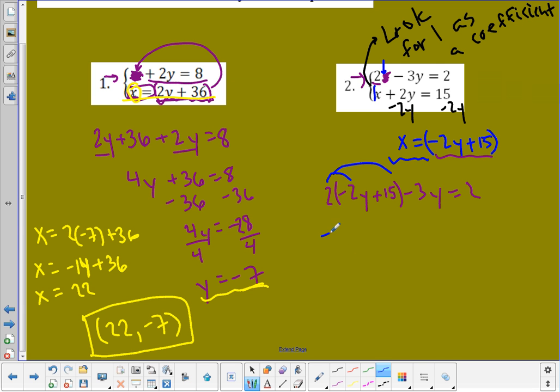So when I do that, I have negative 4y plus 30 minus 3y is equal to 2. I need to put my y terms together. Negative 4y and negative 3y are on the same side of the equal sign, so I'm just going to combine them. Negative 7y plus 30 is equal to 2. Subtract your 30.